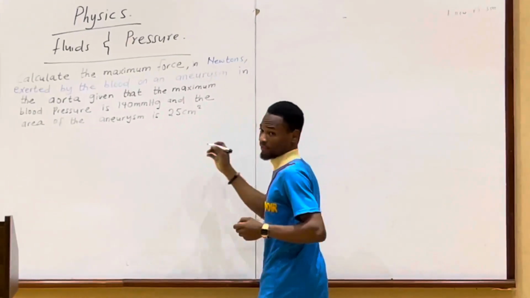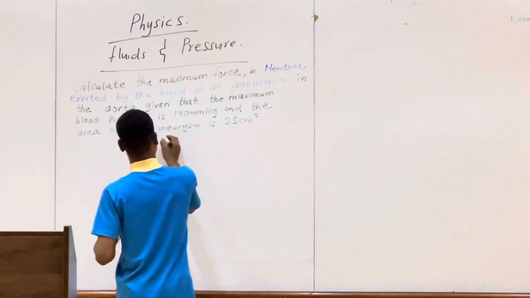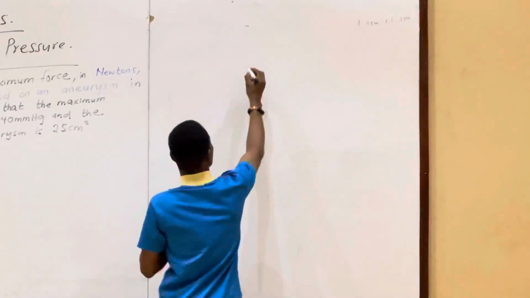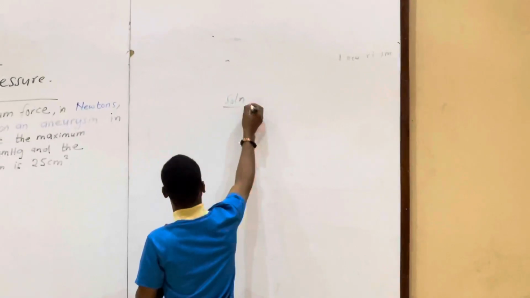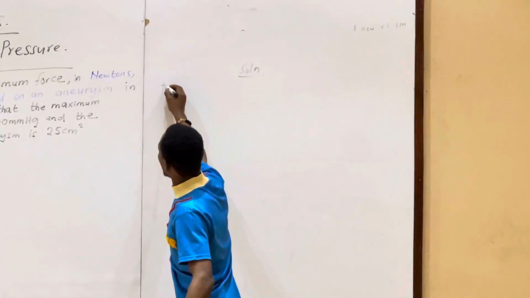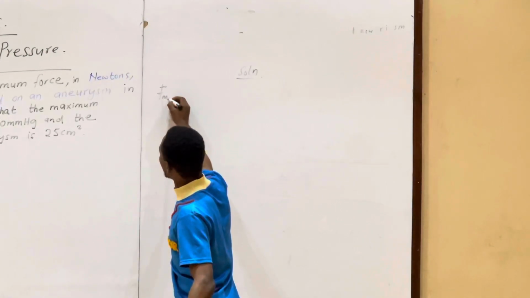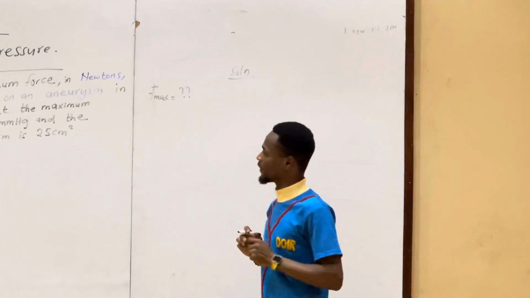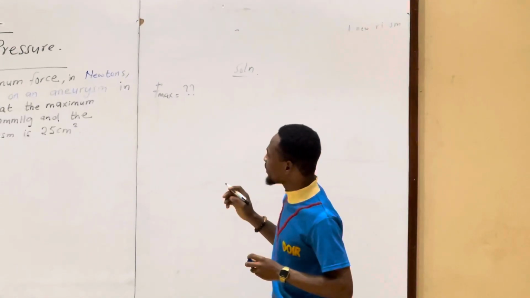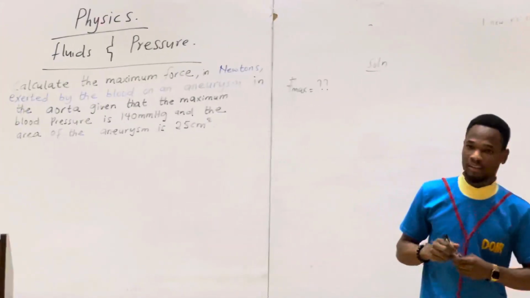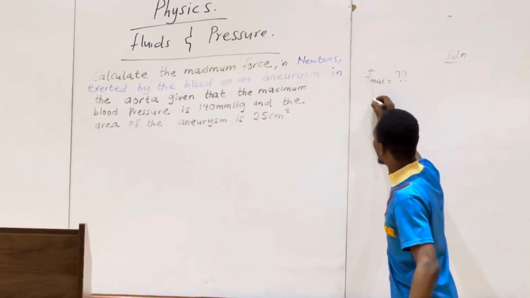So the solution. For want of space, let me bring it here. Solution. Calculate the maximum force. So I'm looking for F maximum. That's what I'm looking for. For now, we don't know. And here we're given the maximum blood pressure.